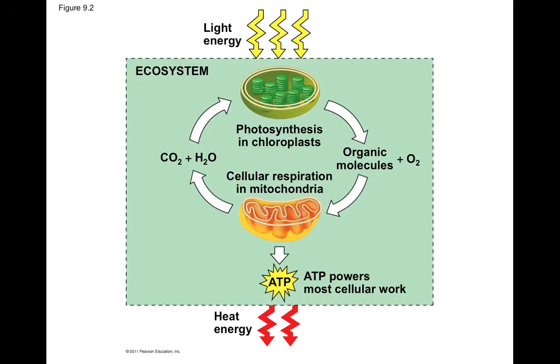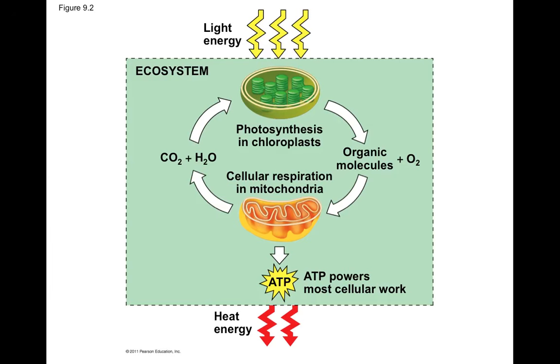So here's a cartoon showing how in any given ecosystem we have light energy entering the ecosystem. Plenty of light energy gets showered upon the earth every day. Just an amazing amount of energy. More than life on earth can possibly actually use.